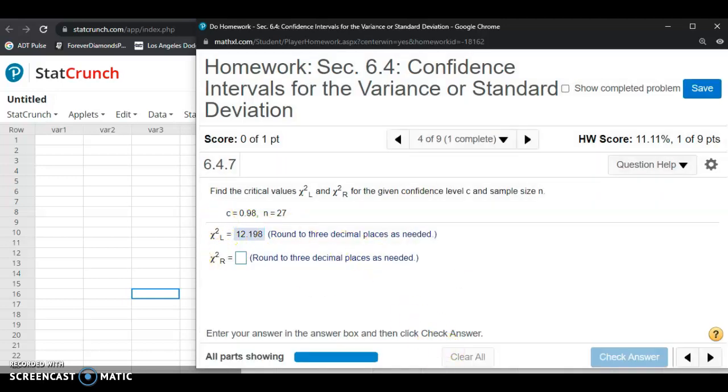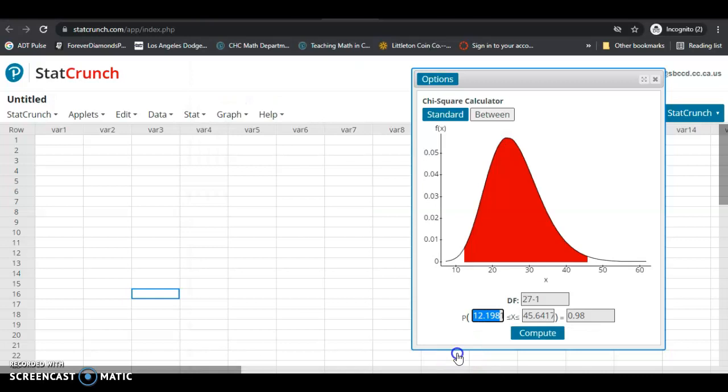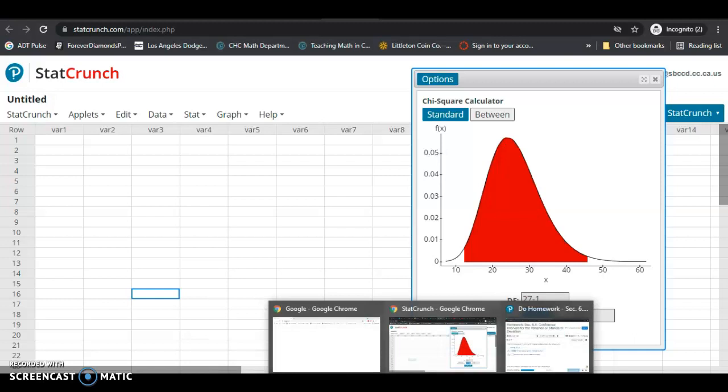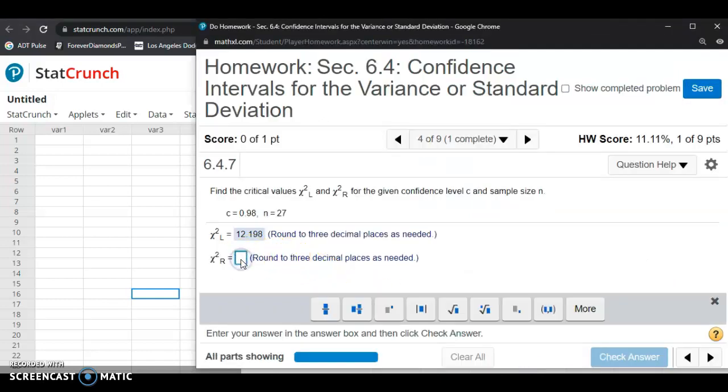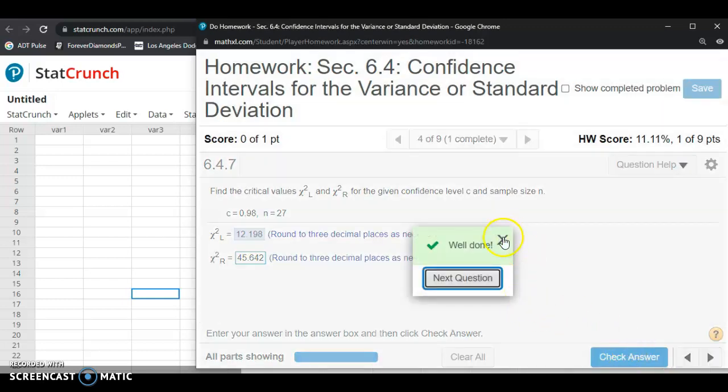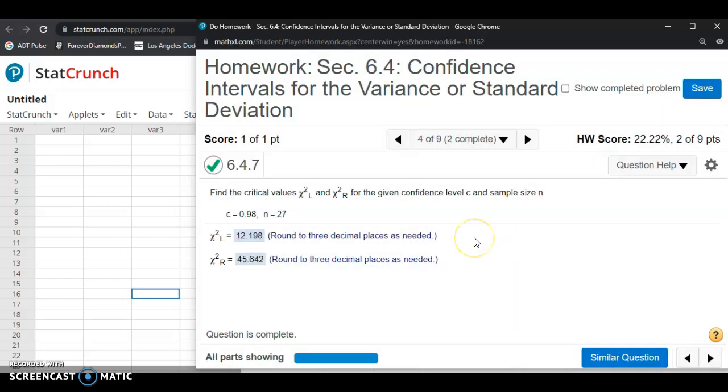And then the right-hand critical value, rounded to 3 decimal places, that one's going to get rounded up to a 2, so 45.642. These problems are not as hard as they look, as long as you follow the directions.